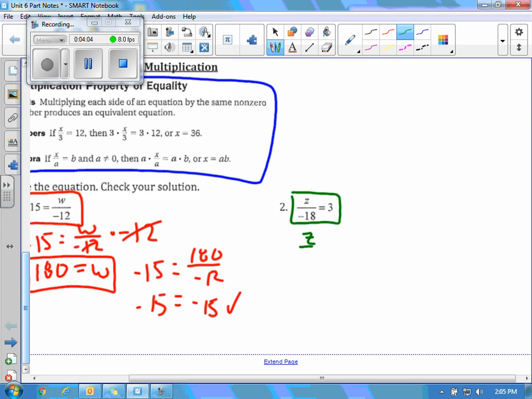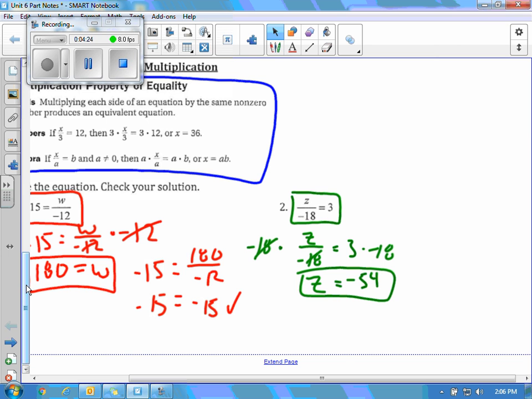So z over negative 18 equals 3. I'm dividing on the left side, so to solve, I need to multiply by the denominator. So on the left side, I'll just wind up with z. On the right side, I'll wind up with negative 54. And if you want, you can plug that in and see if it works.